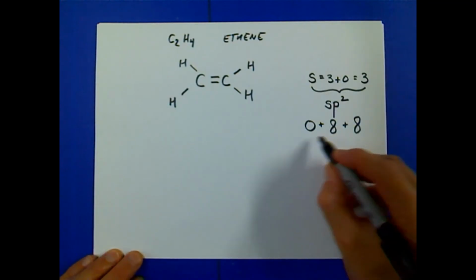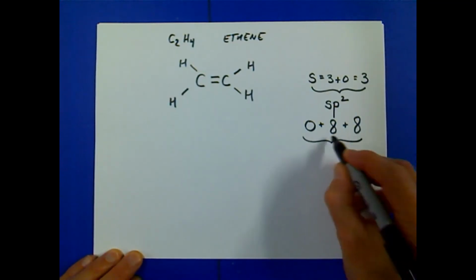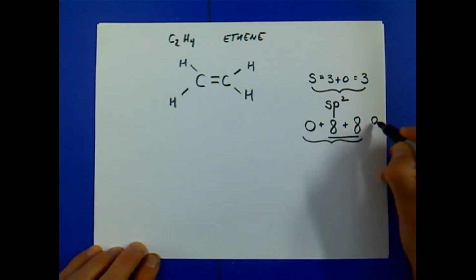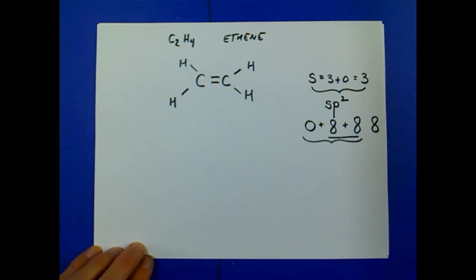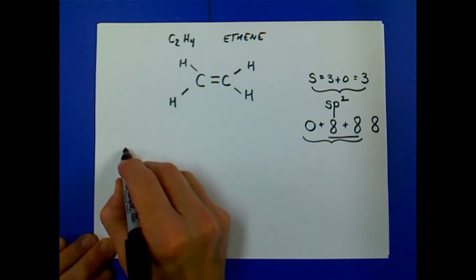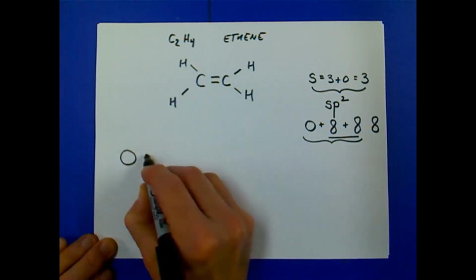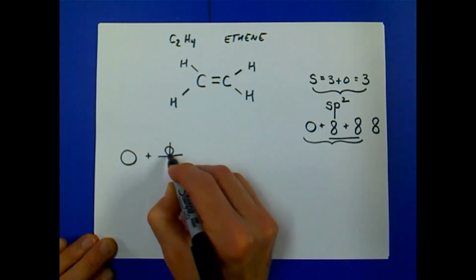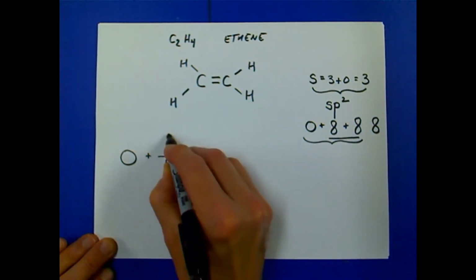We want to remember that there are actually 3 p orbitals, and there's a third p orbital on the central carbon that is unhybridized. We can envision this occurring in the following way. We take our s orbital and mix it with a py orbital, which is oriented along the y-axis.